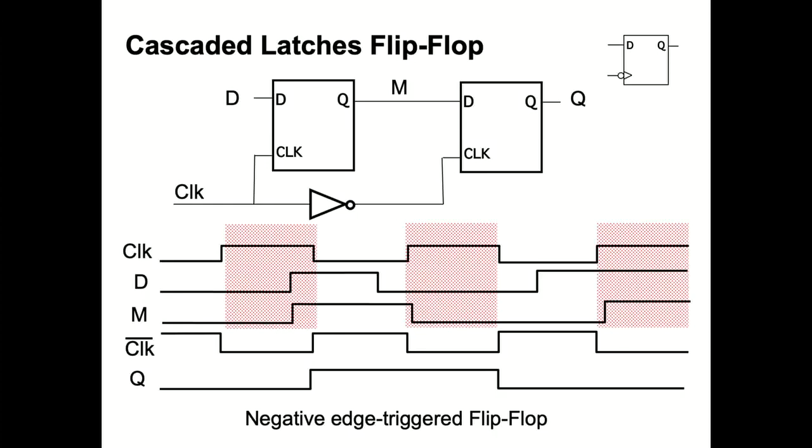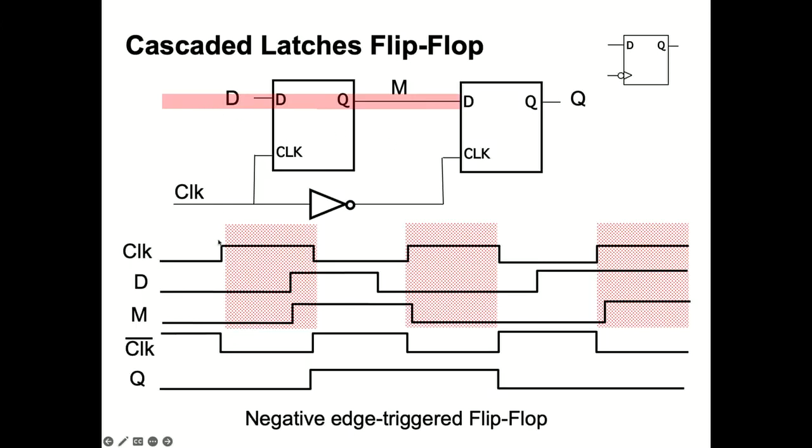Well, when the clock is high, the first latch is open. It's letting D go all the way through that first latch, and that first latch is going to hold D. And D can change, it can go up and down, because this latch is going to stop it. This latch has a 0. So nothing's going to get through.